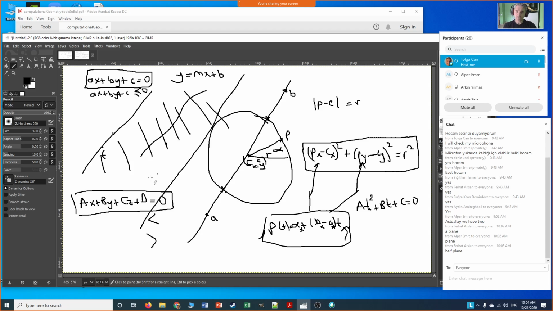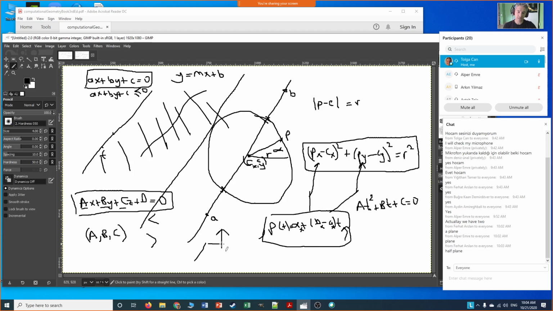Okay, so another interesting thing about these implicit line and plane equations is that the coefficients directly give me the normal vector. If I use the coefficients a, b, c of x, y, and z and form a vector out of them, this gives me the normal vector to the plane.